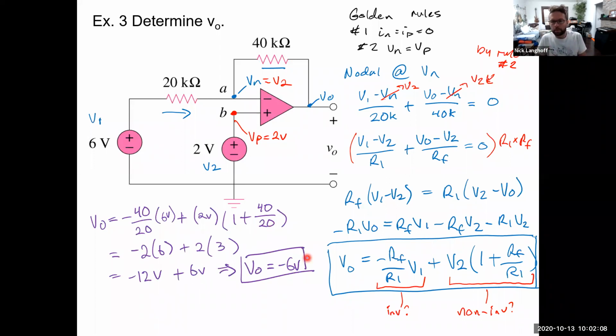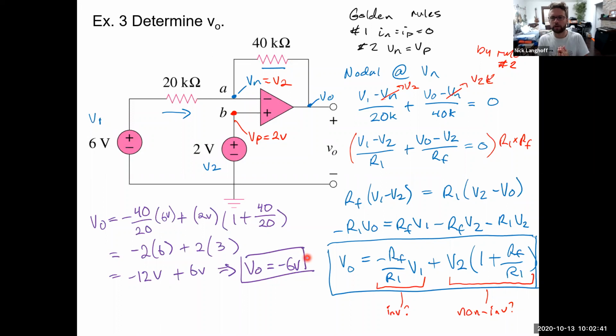So we were presented with a circuit that is not a common op-amp block as it's shown here. Anytime you're presented with something that is not a common op-amp block and you're not able to reduce it down to common op-amp blocks through superposition, which we'll do shortly, but sometimes you can't do that, then you have to start from the basics with the golden rules.